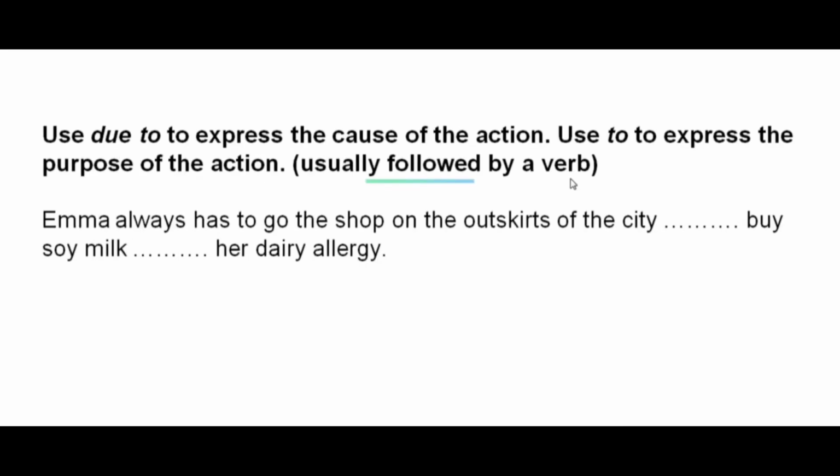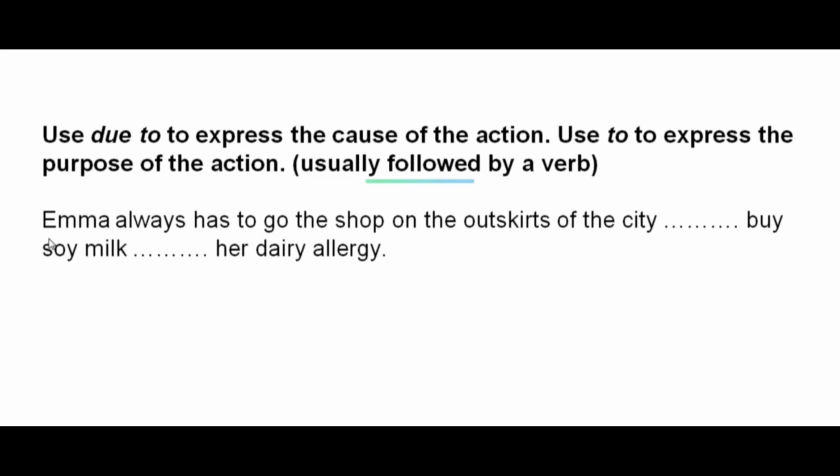Now let's review and practice a bit. Remember that we use "due to" to express the cause of the action, and we use "to" to express the purpose of the action. Note that "to" is usually followed by a verb. Now read the following sentence and fill in the gaps using the appropriate preposition.